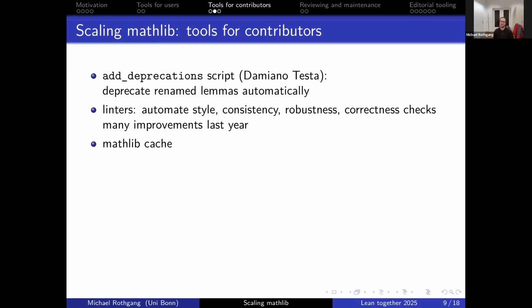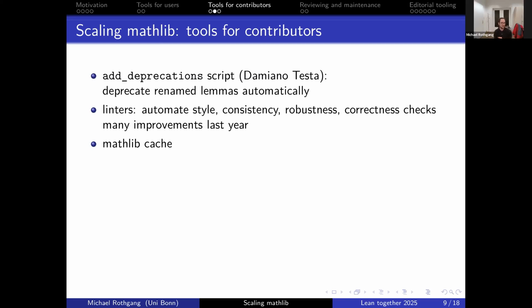As far as I know, a lot of linters in Mathlib 3 were about problems where you realize this is bad if you do it on a library scale. And then it became checks in Lean 4, so that became even built in. There's no need for a separate linter now. And this is one avenue where there have been a lot of improvements to Mathlib linters in the last year.